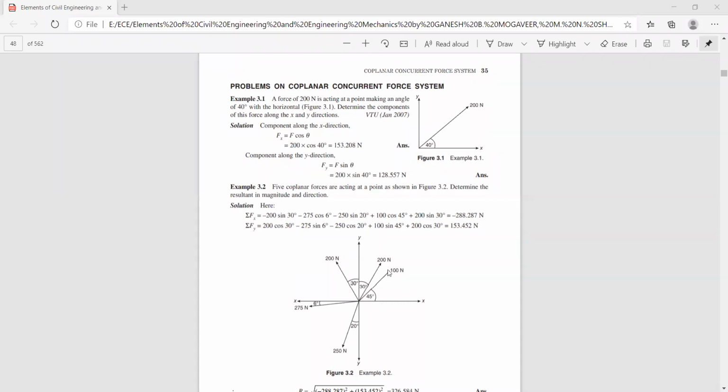So again, here plus 100 sine 45, you can see here, plus 100 sine 45. Now if I take up this one, it is plus 200 cos 30.